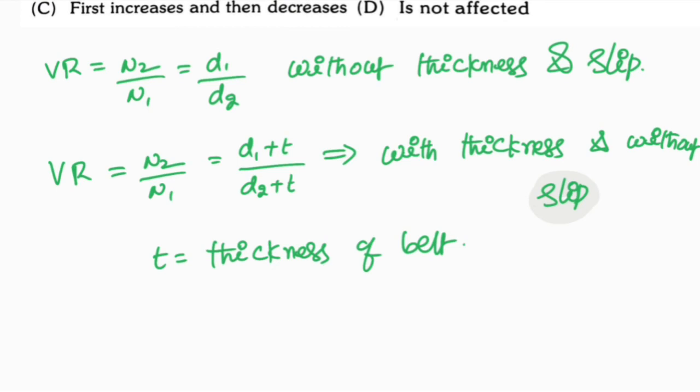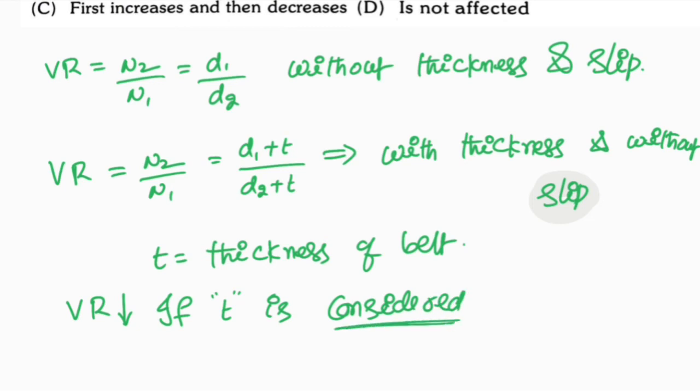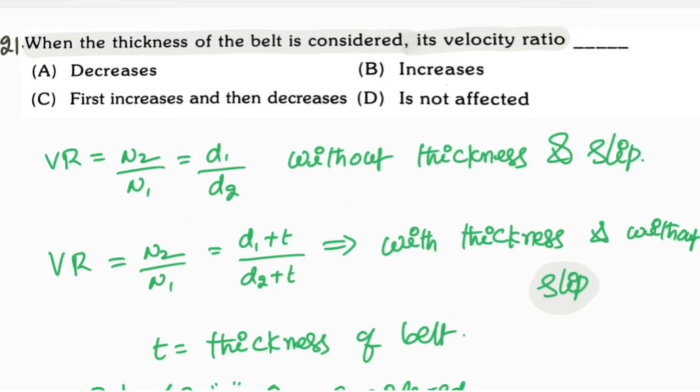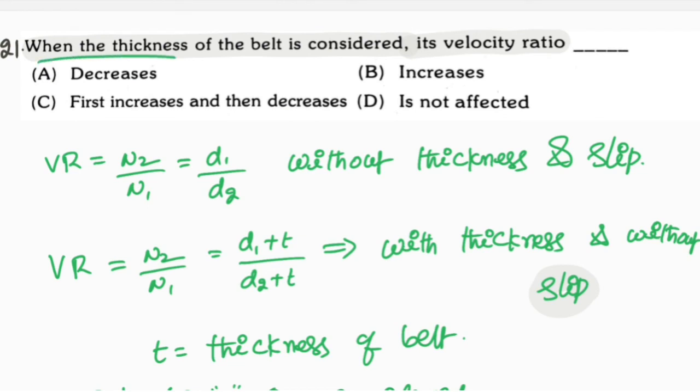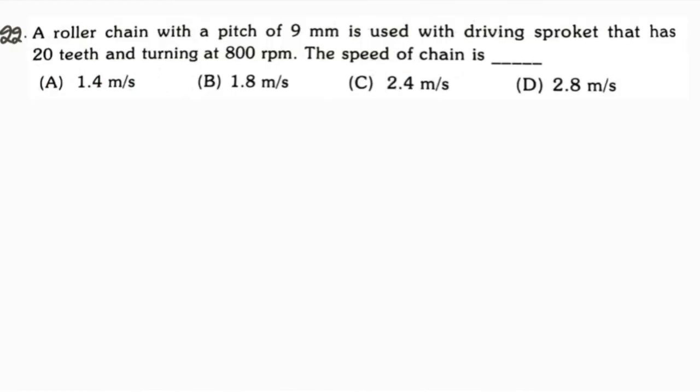Definitely velocity ratio decreases if the thickness of the belt is considered. So when the thickness of the belt is considered, its velocity ratio decreases. Therefore, option A is absolutely correct. Let us take another problem. Look at the next problem.